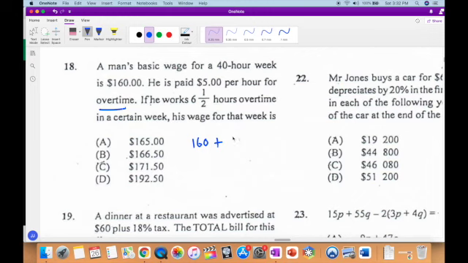So the overtime is $5 times 6.5. 6 5s are 30, and then half of $5 is $2.50, so that'll be $32.50. So 160 and 32.50 is $192.50.